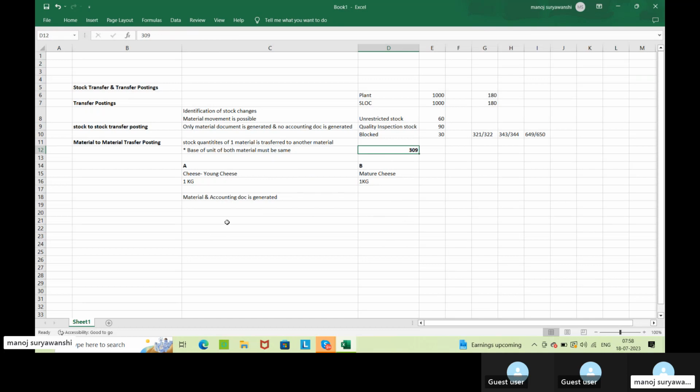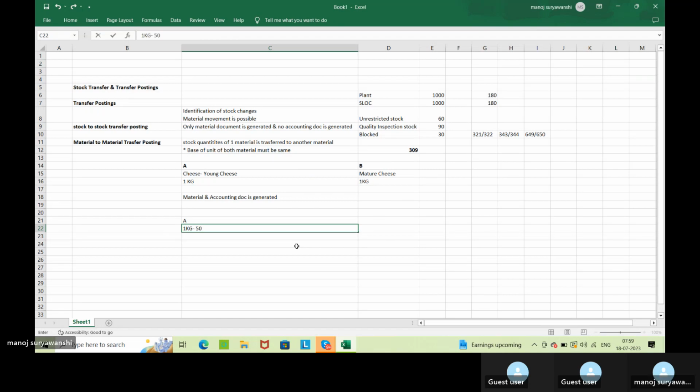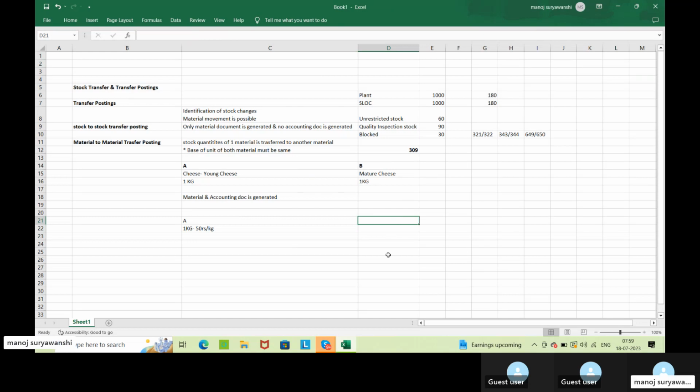For example, ink cheese, you have maintained some price. Suppose material code is A, quantity is 1 kg, and for this you have maintained some price of 50 rupees per kg. Okay, and mature cheese 1 kg, and the price is 70 rupees per kg.